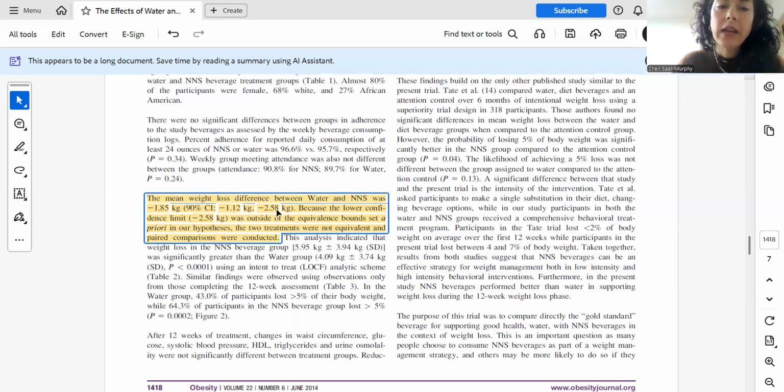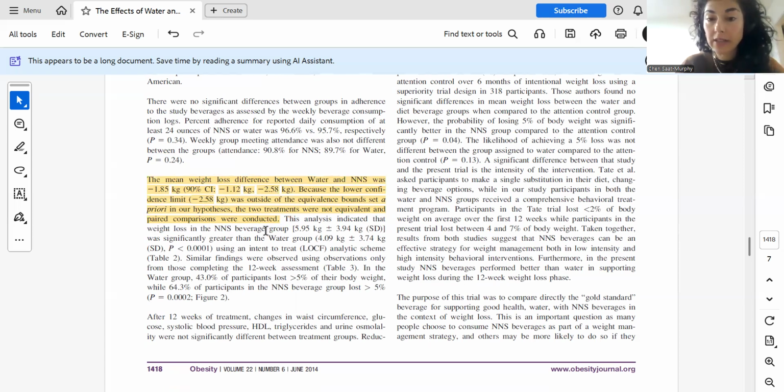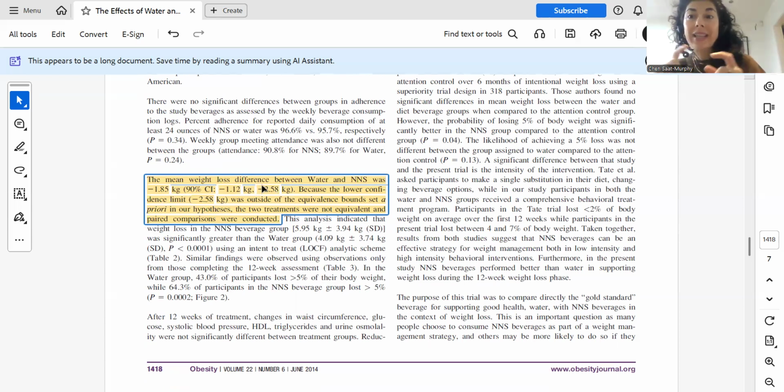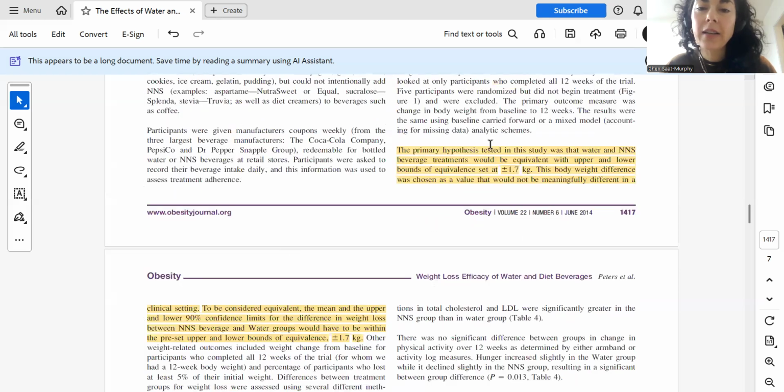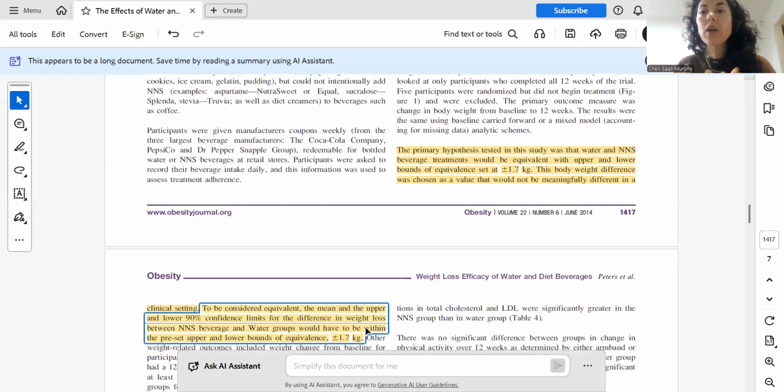And therefore, they had to do an equivalence and paired comparison. So in order to understand those complicated paragraphs, we need to go back to the statistical analysis paragraph and read that. But really important, and I want to make this very clear, and I think I said it in the webinar and I'm going to say it again.